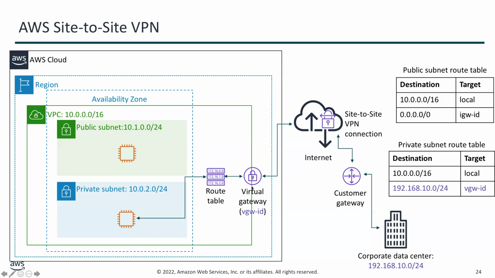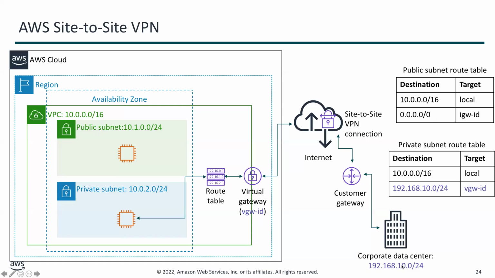So basically here, you see, from the public subnet route table, any traffic coming will go to the internet gateway, which is not shown here. But from the private subnet, you see the traffic entry here. This IP, I suppose, 192.168.10.0, is coming from this network.